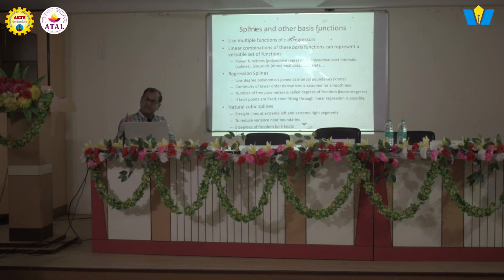Suppose I have a single variable, but instead of just a single polynomial, I want one polynomial for one part, another polynomial for another part, another for another part. That will give me much more flexibility in the shape that we can get by combining these local polynomials. It could be one sine function here, another sine function there, like that.